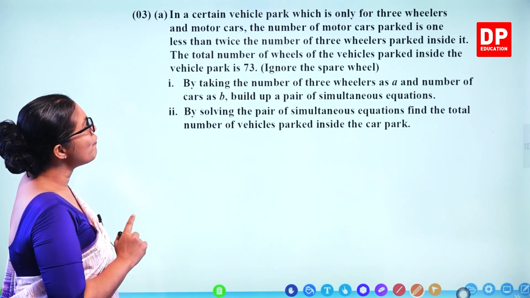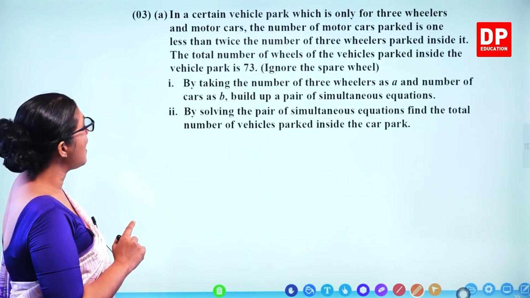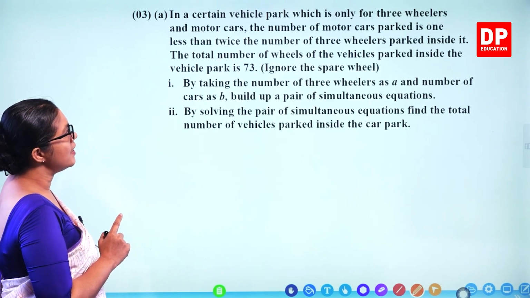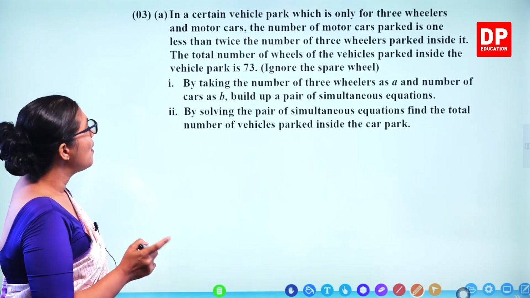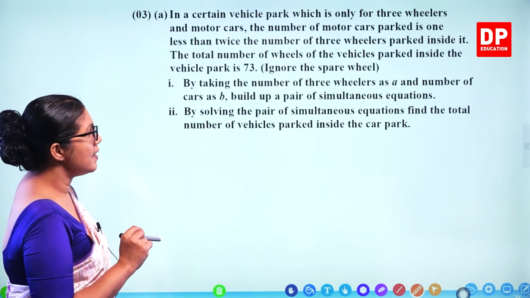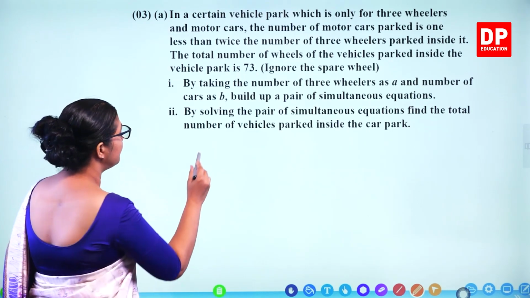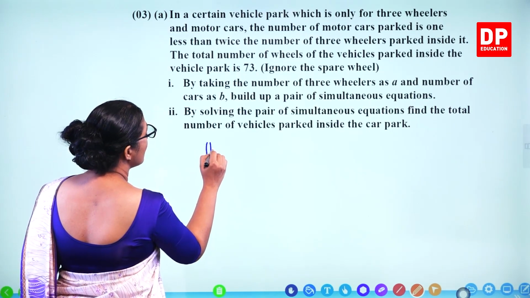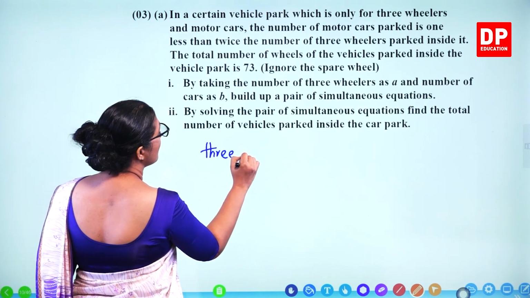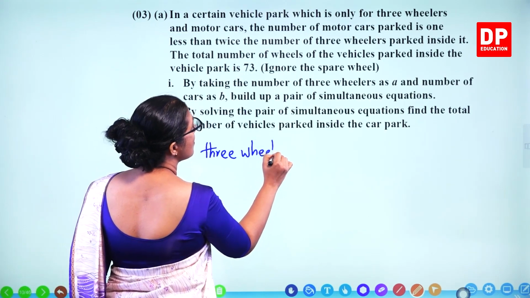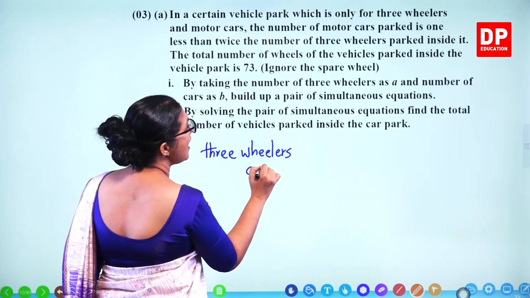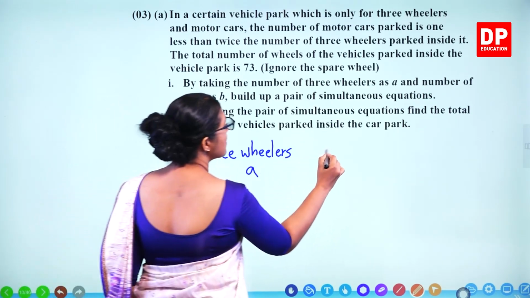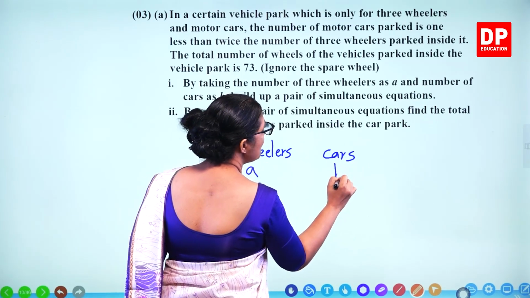The total number of wheels of the vehicles parked inside the vehicle park is 73. Ignore the spare wheel. By taking the number of three-wheelers as A and number of cars as B.